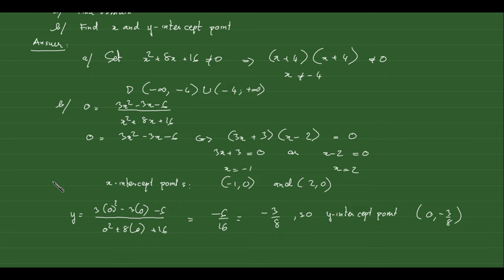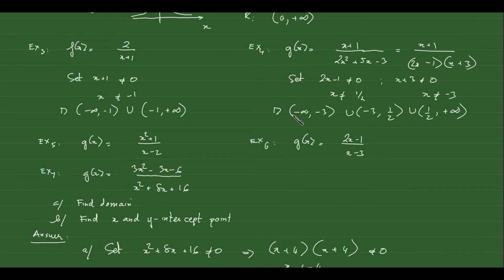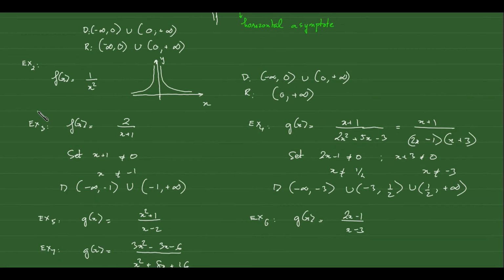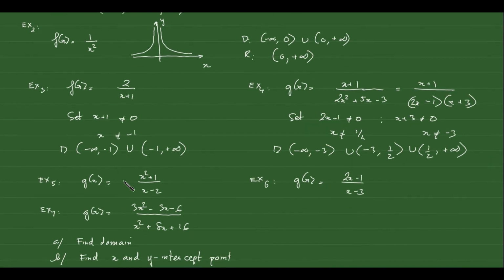Now, if you notice, on the first two examples the rational function always has a vertical asymptote and a horizontal asymptote. But the question is whether or not they have a vertical asymptote and horizontal asymptote all the time.